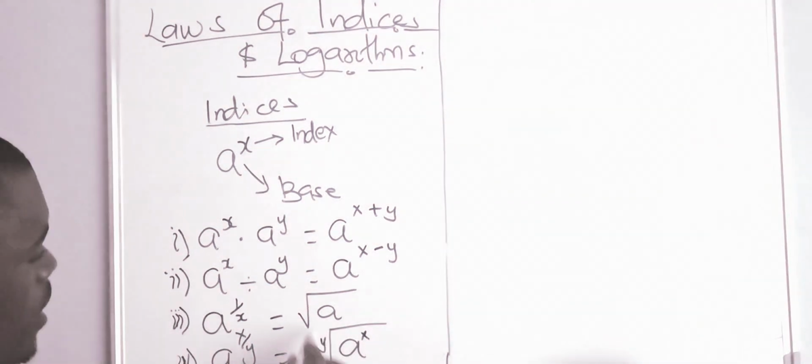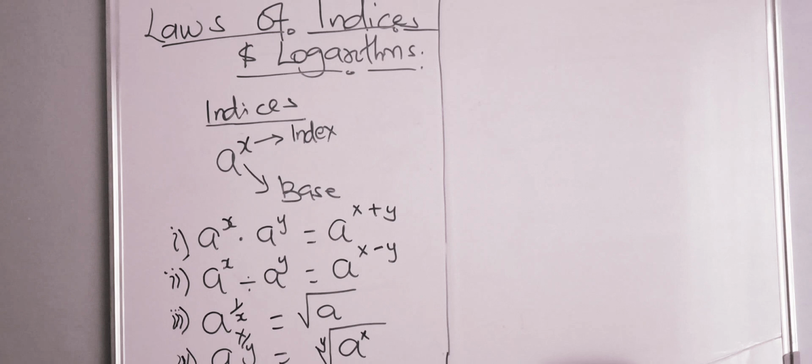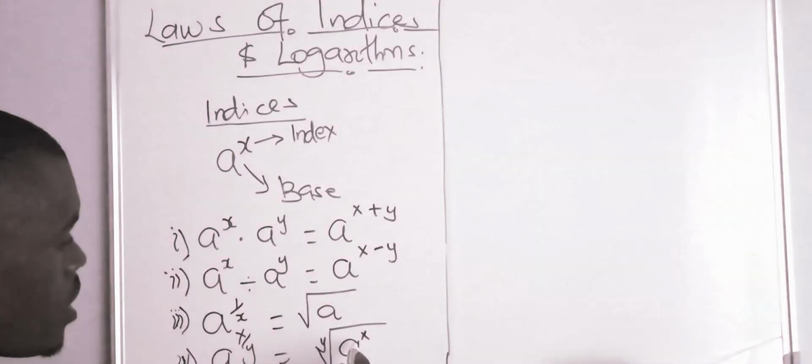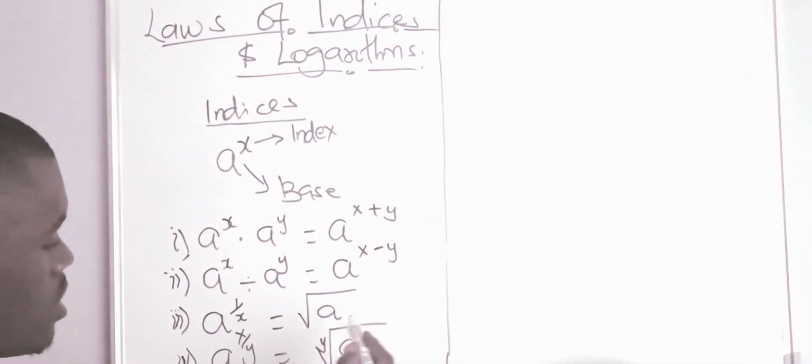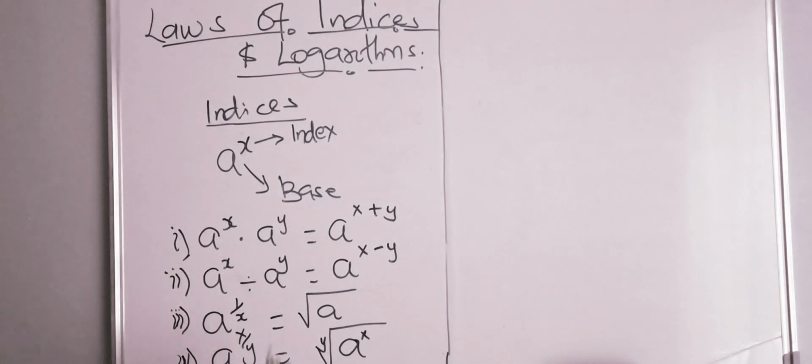Then we bring y here. So any value that is the denominator of the fraction that is raised to a, you bring it here. Then the x, which is the numerator, comes inside the root. So it is the y root of a raised to x.